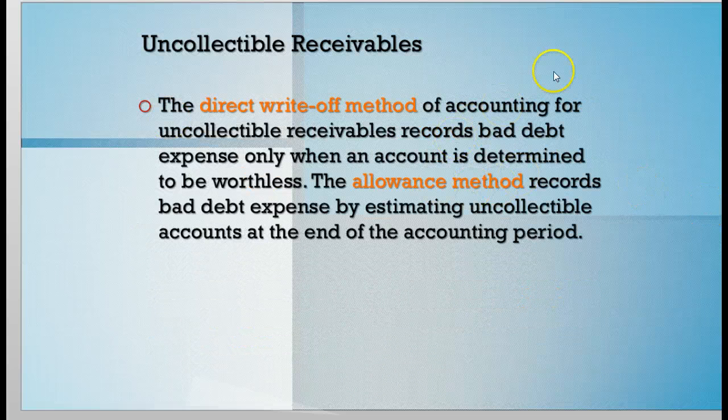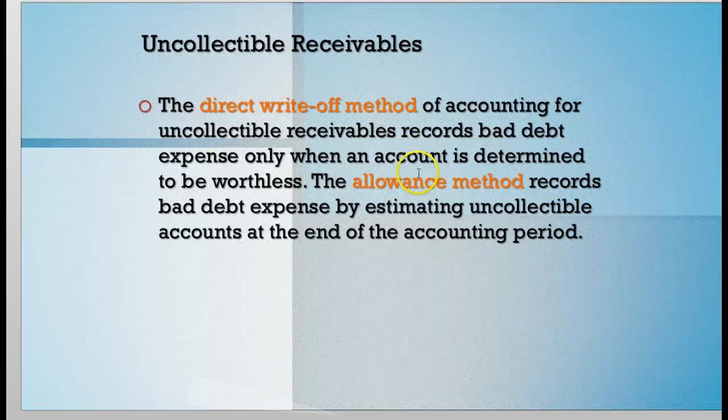And there are a couple of ways of handling this. You can have the direct write-off method, which is kind of frowned on now. That's saying I only write it off when I know it's bad, which means I take it out of accounts receivable and put it into an expense account called bad debts.